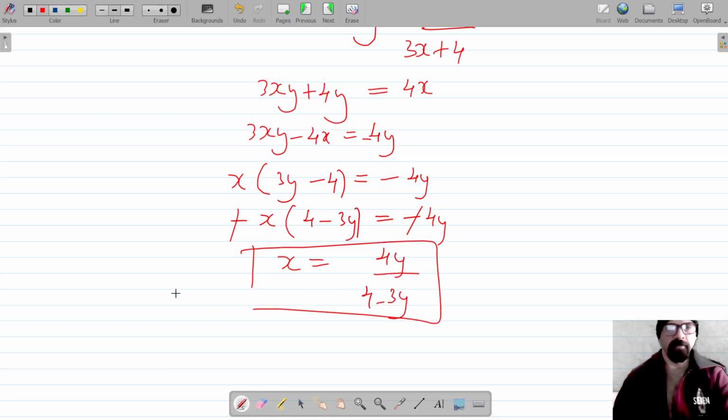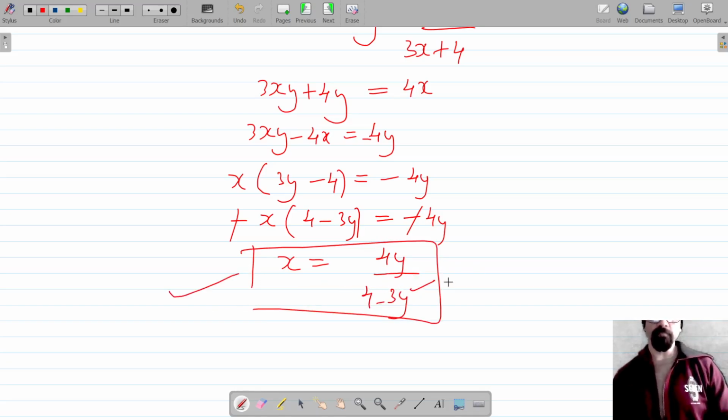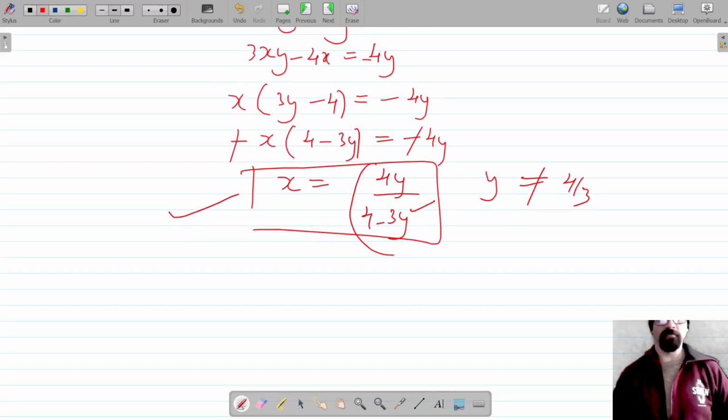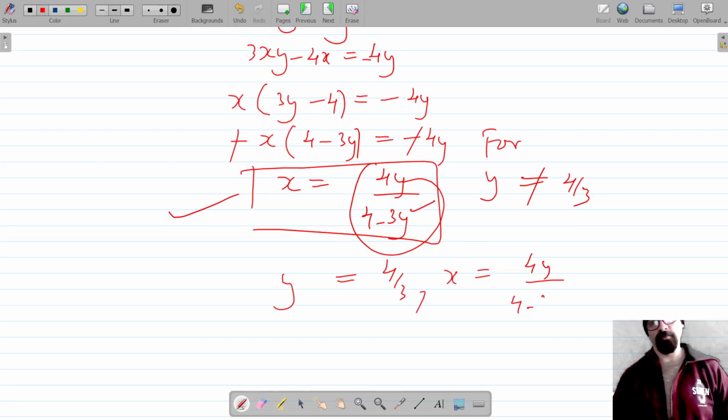Now this x is defined for all values of y, except that y cannot be 4 by 3, because if y is 4 by 3, then this x is not defined. For y equal to 4 by 3, x is equal to 4y upon 4 minus 3 into 4 by 3. This gets cancelled, and this is 4y by 0, which is not defined.